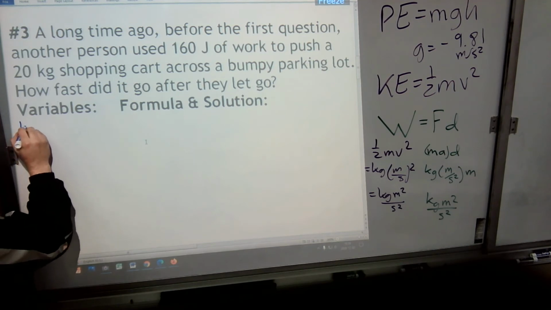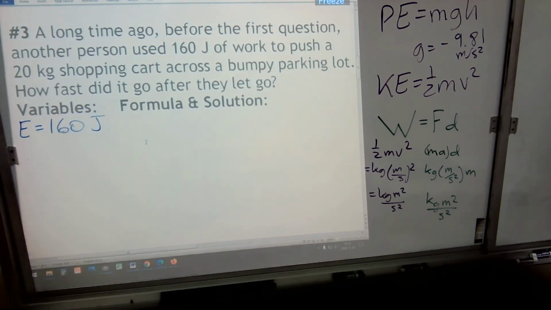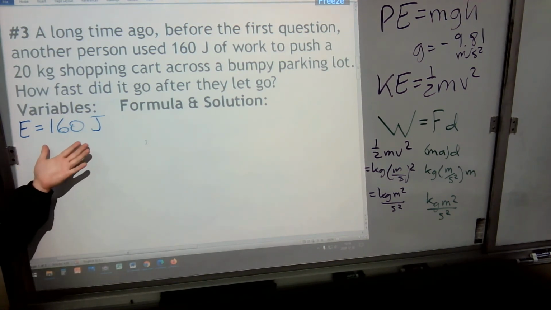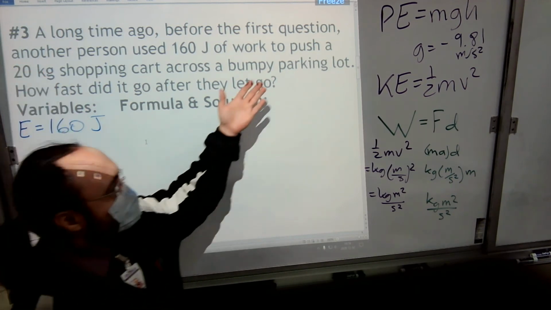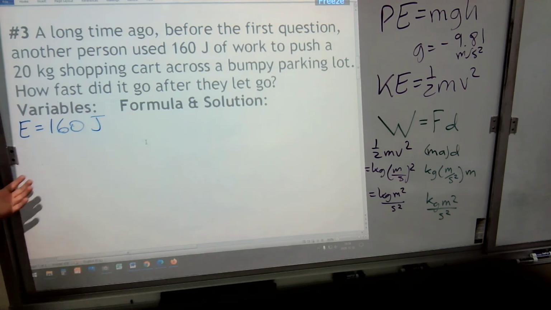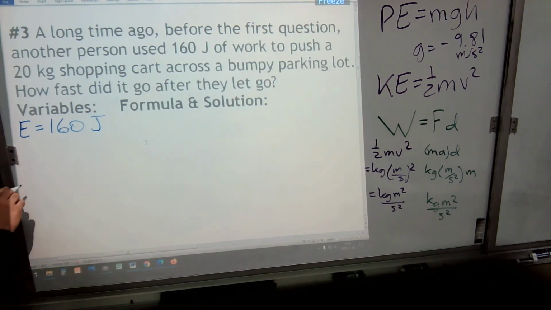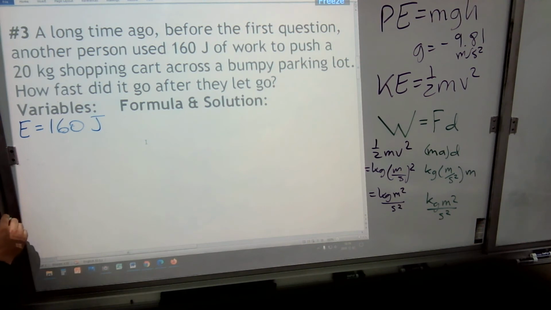I'm just going to say energy, because when it starts giving you energy now, you're going to have to decide what formula to put that in. It's either going to be PE or KE or work, so there's one chance in three it'll be work. So I'm just going to say it's energy and then figure out what formula to use, and then I'll know what it goes with. Because work is energy too. They're all energy. E and KE and PE and W.